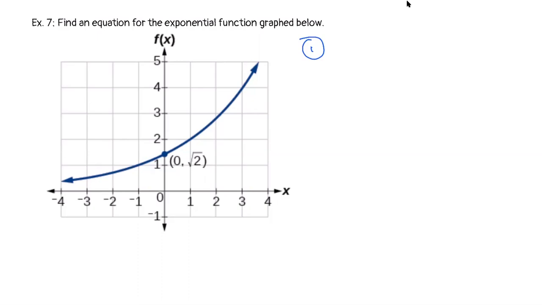Negative 1, 1, and 3, comma 4. I like those. So we've got negative 1, 1, and 3, comma 4. Okay, you could certainly use those 2 points.